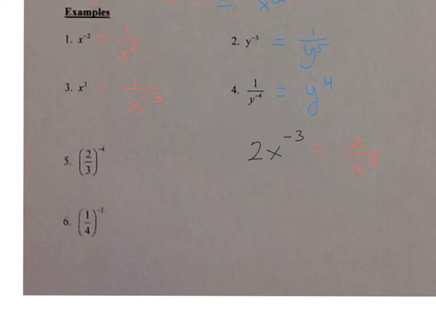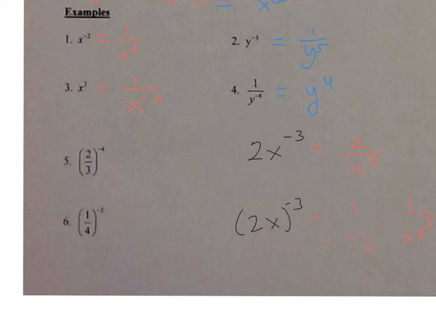To move the whole thing down, you would have to have something like this: the whole thing is being raised to the negative 3rd power, so then it would be 1 over 2x to the 3rd power. Obviously this can be simplified more, because this would be 1 over 8x to the 3rd, because 2 to the 3rd power is 8.